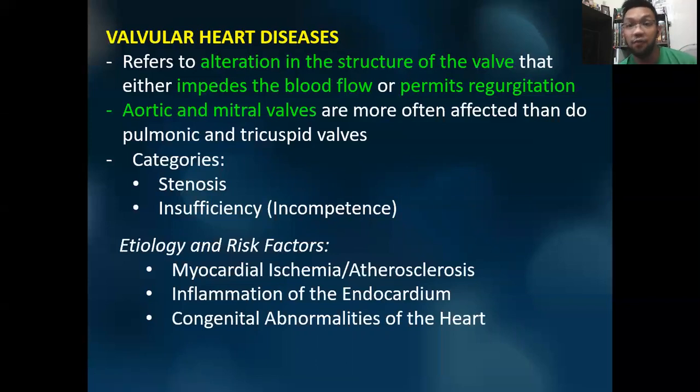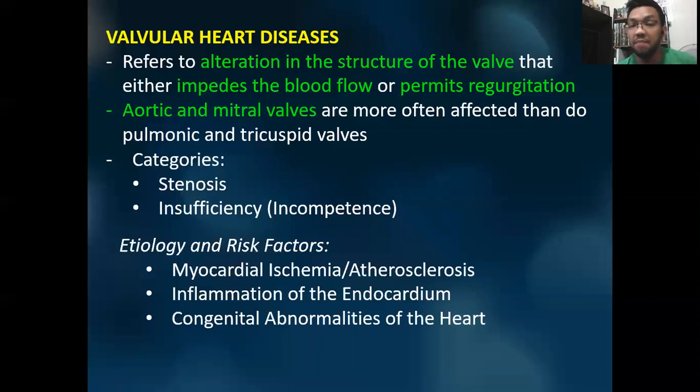There is backflow of blood. Remember, the functions of valves, not only in the heart, but also in our veins, is to prevent the backflow of blood. But what happens here in valvular heart disease, it either blocks blood flow or it permits regurgitation.